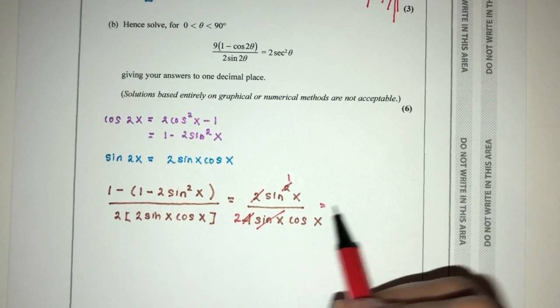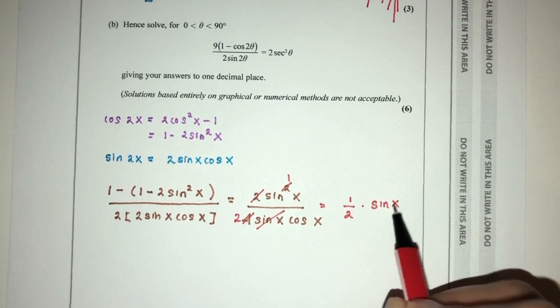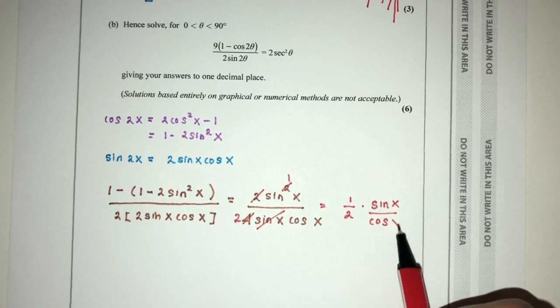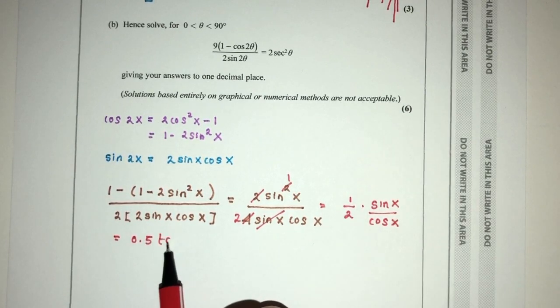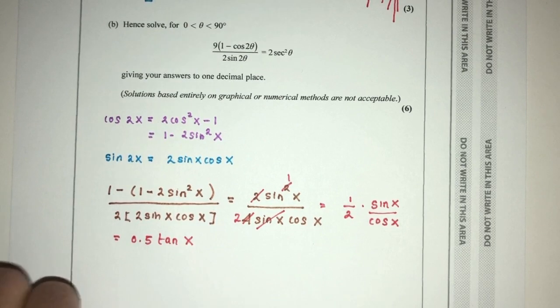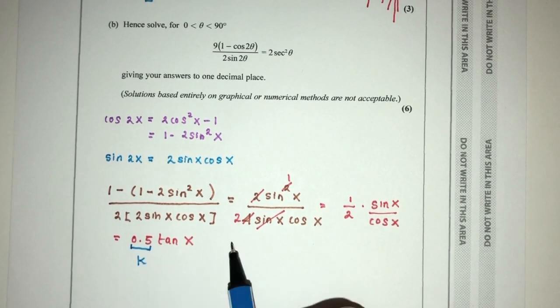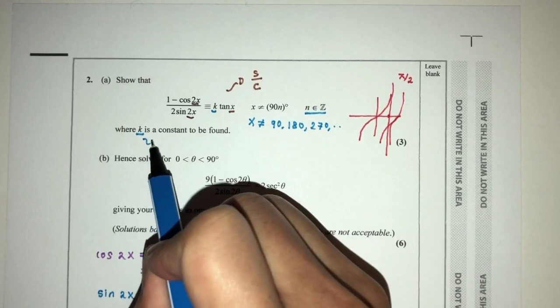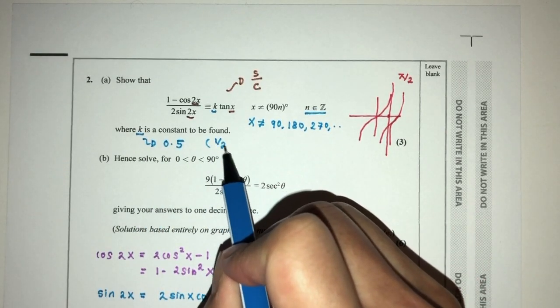So you will have 1 here over 2, and that will become sine x over cos x. That will become 0.5 or half tan x. Now by comparison, you can see that the value of k has to be 0.5. So right here, k has to be 0.5 or half. You can write half or 0.5 for the value.